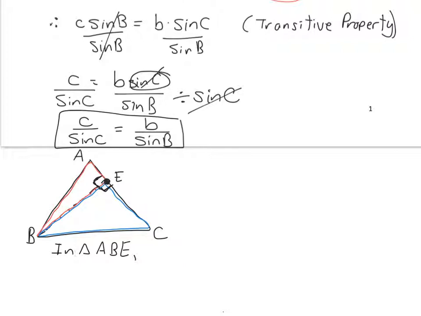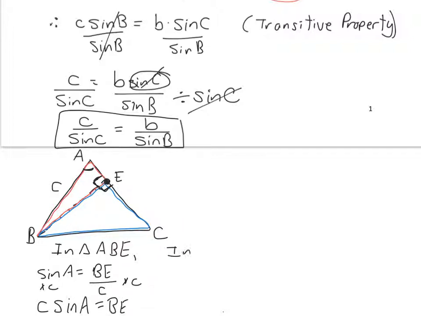We are going to have the sine of angle A equal to opposite, which is side length BE, over the hypotenuse of that right angle triangle, which is side length C. So I can rearrange that to get C by itself, multiply both sides, to get C times the sine of angle A is equal to BE.